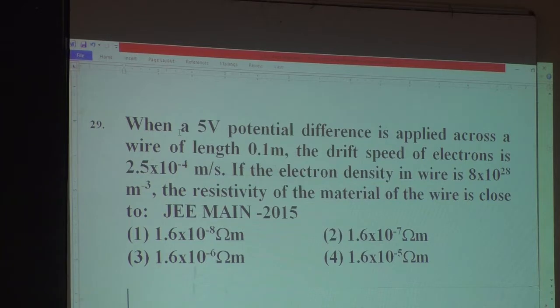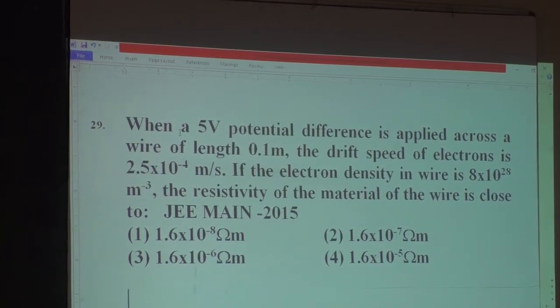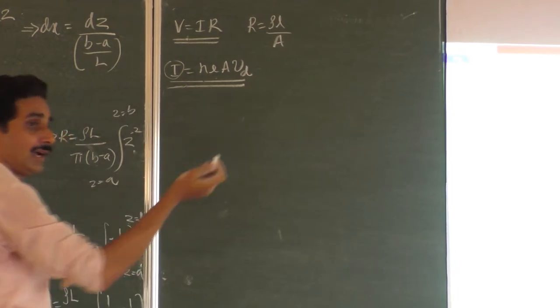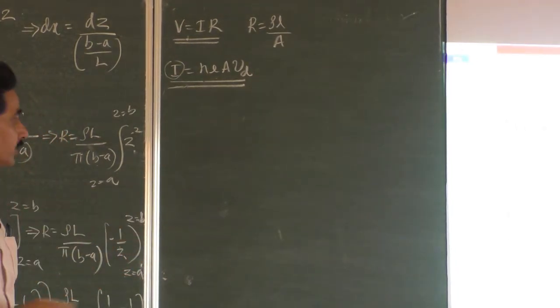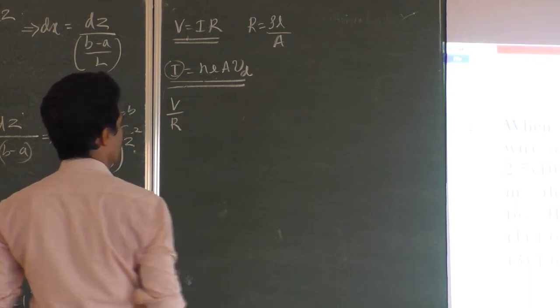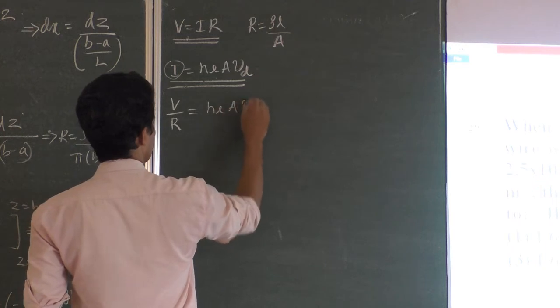Drift velocity is given, but the question is rho, right? What is the resistivity? So shall we get rho from this equation? We will try to get resistivity in this equation. Current helps us because V equal to IR, and R contains rho, so we will mix it up. What is I equal to? I equal to V by R, voltage by resistance, that is equal to NEAVD.